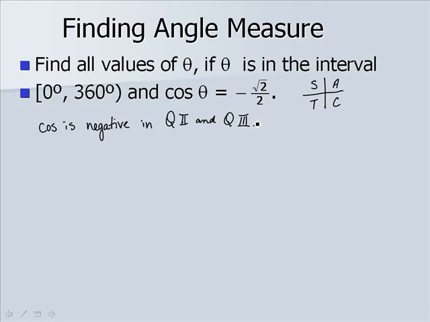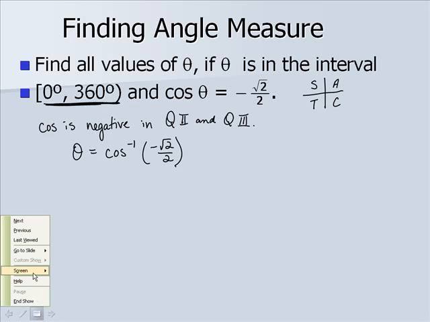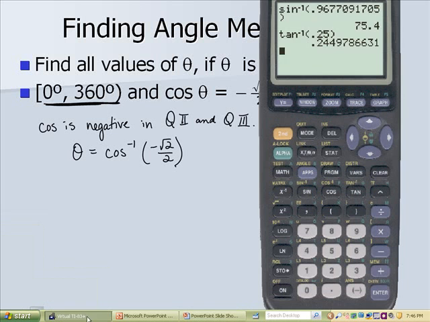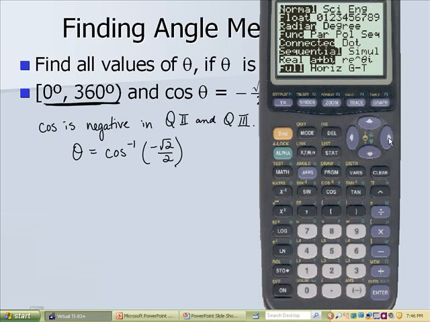So to find one of our angles, we say that theta equals the cosine inverse of negative square root of 2 over 2, and we're using degrees as indicated by our interval here. So let's pull up our calculator. Make sure that we're in degree mode.